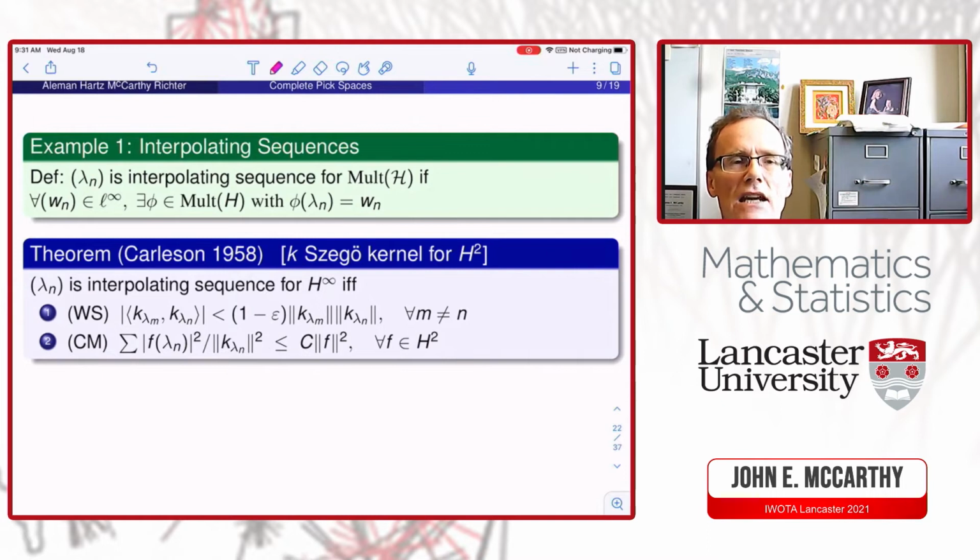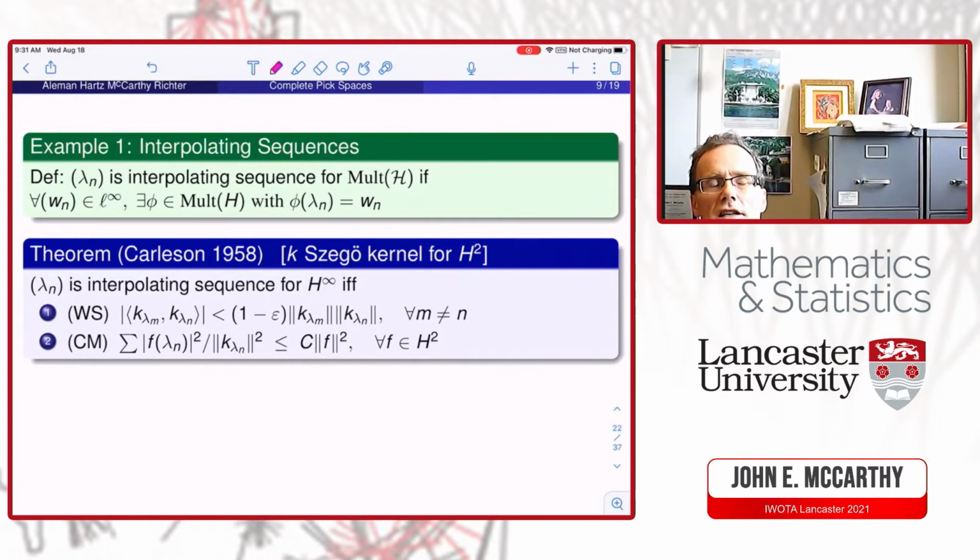We say that the sequence lambda n is an interpolating sequence for the multiplier algebra of a Hilbert space H if for any sequence Wn in little l infinity, any bounded sequence, I can always find a multiplier on H which at the nth point takes the value Wn. So in some sense, the lambdas are sufficiently spaced out that you can choose the values of the multiplier arbitrarily at each one.